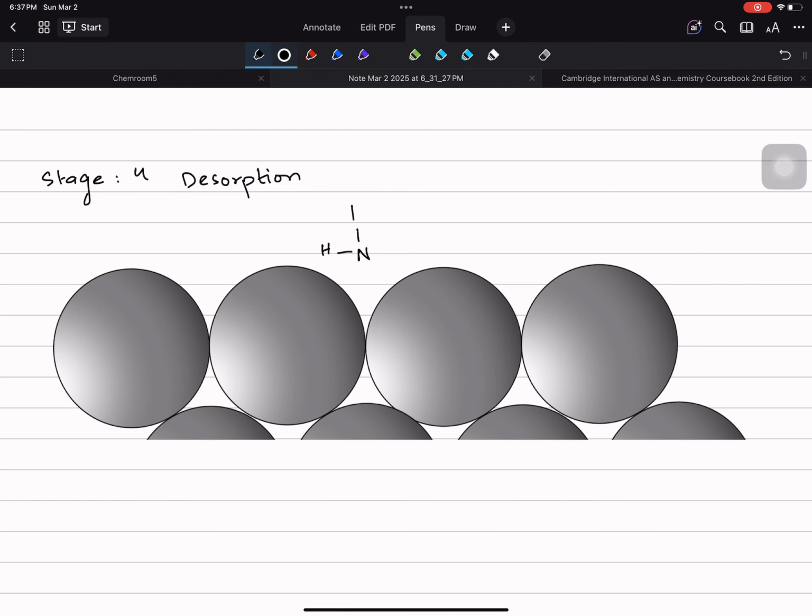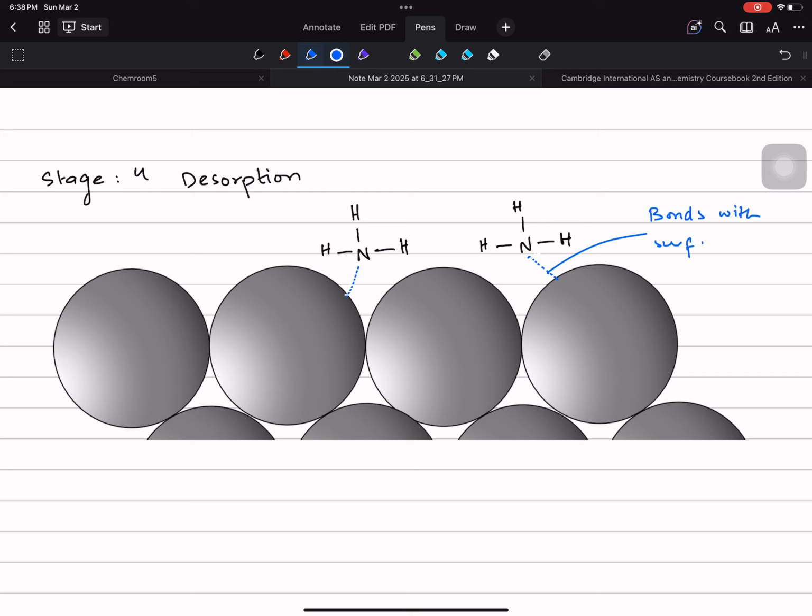During desorption, the ammonia molecules that have recently been made were still bonded with the particles of the surface through those weak bonds. Now that the product has been made, these weak bonds should be broken down. Gradually you will see these weak bonds becoming weaker and weaker. You can see these blue lines becoming more and more dotted, which means that the intensity of the weak bonds is becoming weaker.